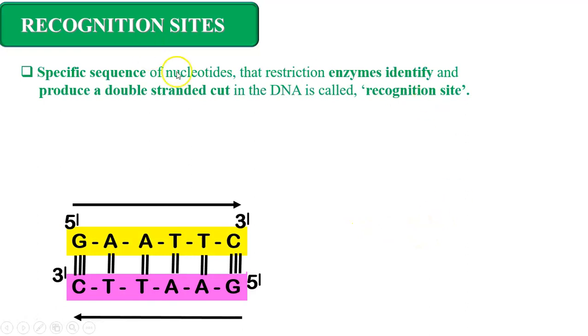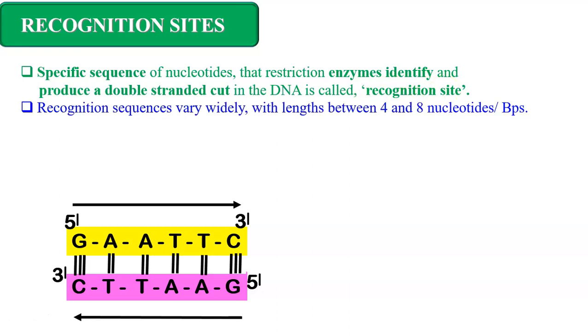Let us now understand what these recognition sites are. These recognition sites are specific sequences of nucleotides which are identified by restriction enzymes. When they identify them, they produce a double-stranded cut in the DNA.